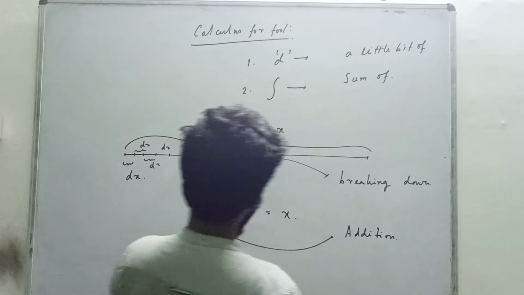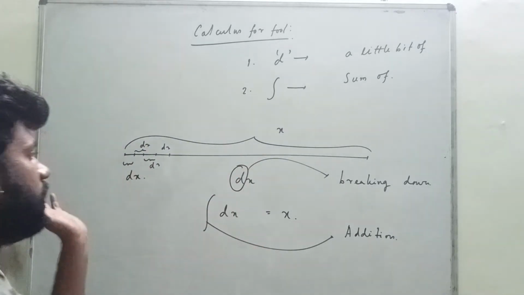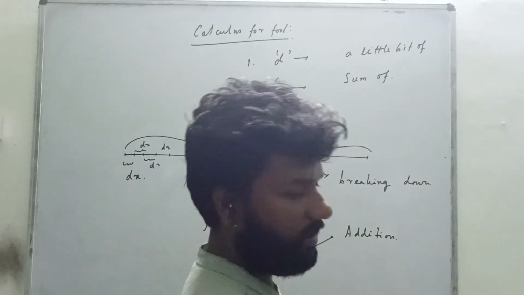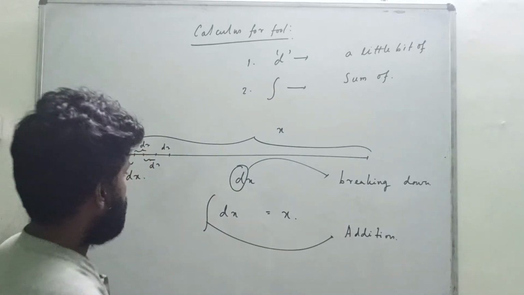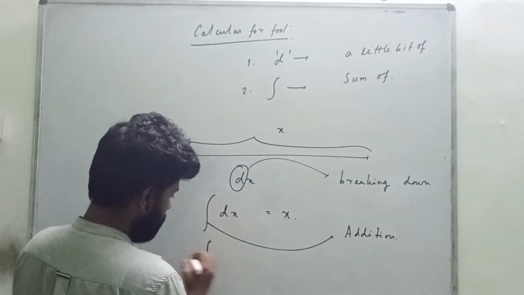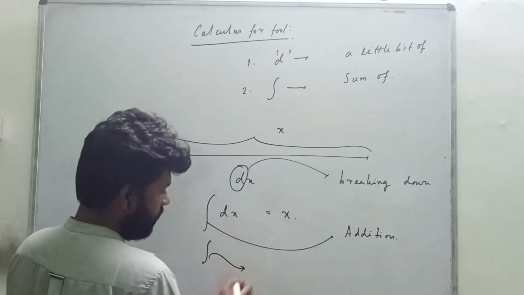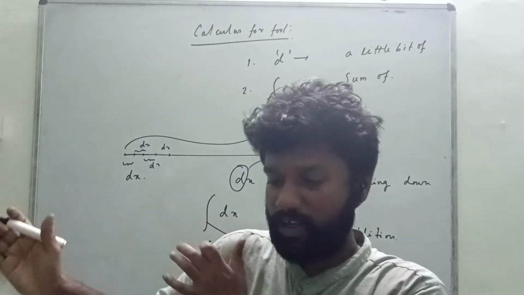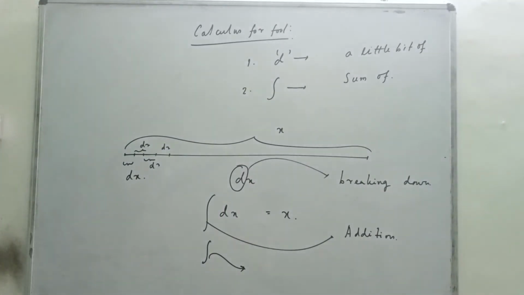So there are two operators. One is the breaking operator, which breaks a very large thing into very small pieces, and the other is the addition operator, which adds these small pieces one by one to give the full length.